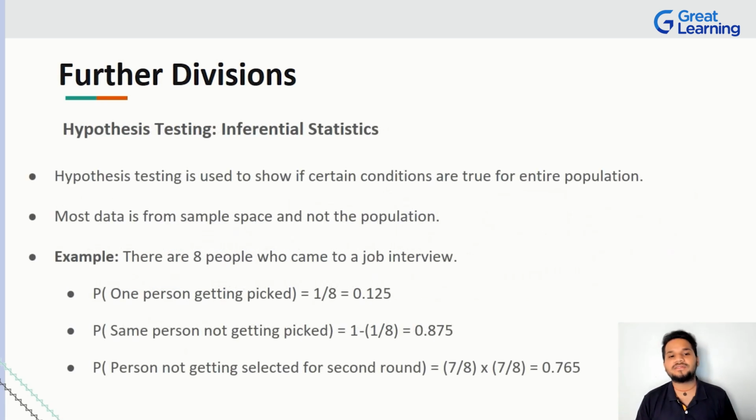Now, once we're done with inferential statistics, you have to also understand that whenever you're performing inference on something, it's not really as easy as it sounds. And that's where another division called hypothesis testing comes in. Again, we have a section for this where we'll be discussing this, but to quickly give you a picture of what hypothesis testing is, it is basically us trying to see if certain conditions will be true for the entire population, right?